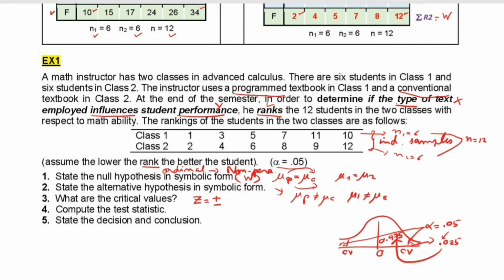0.475. Okay, if the area between 0 and the positive critical value is 0.4750, then what is this critical value? You have to go and read at the Z table.